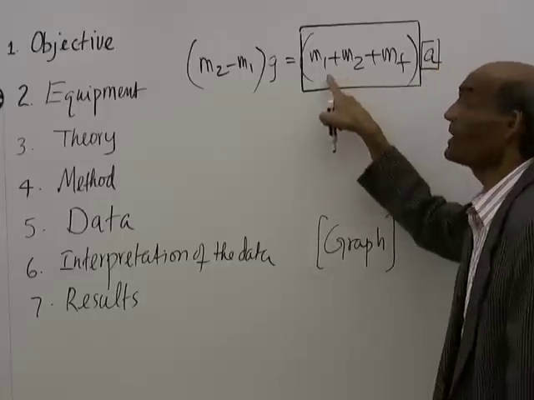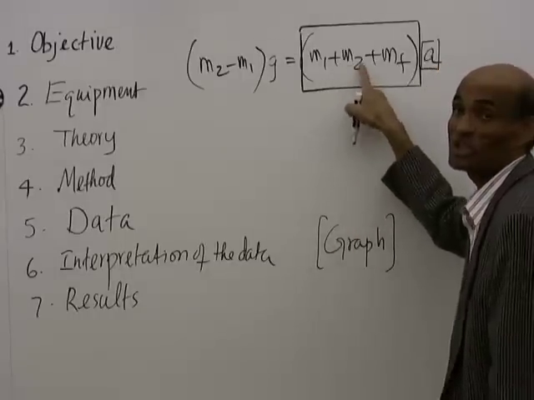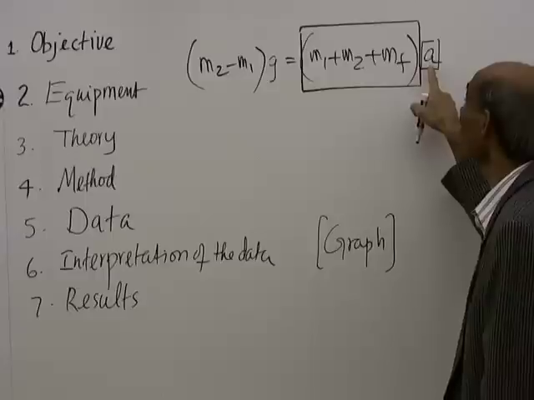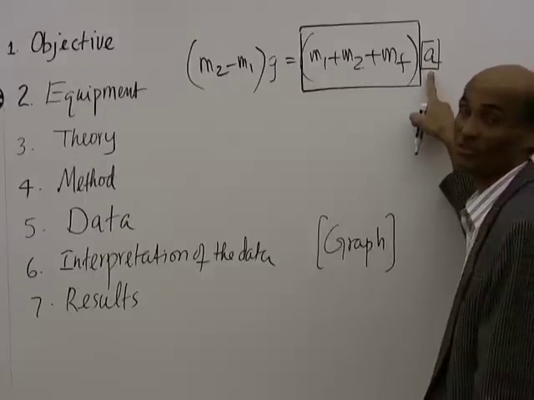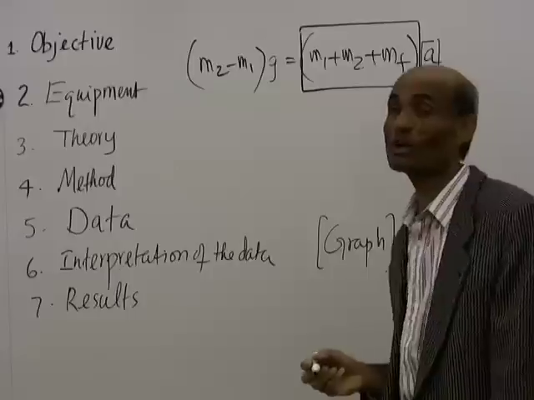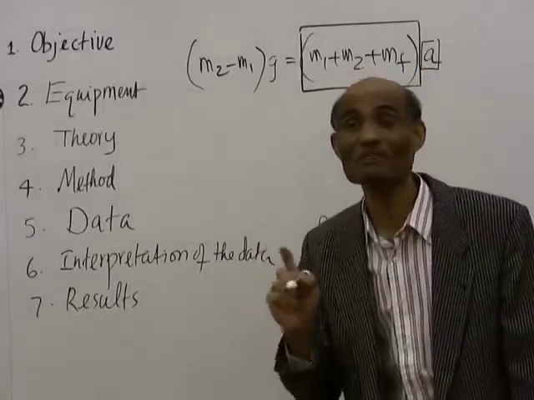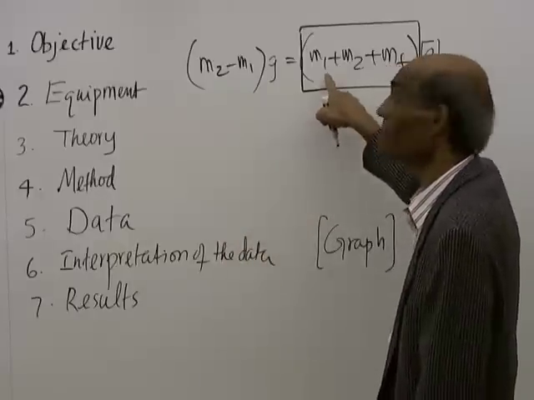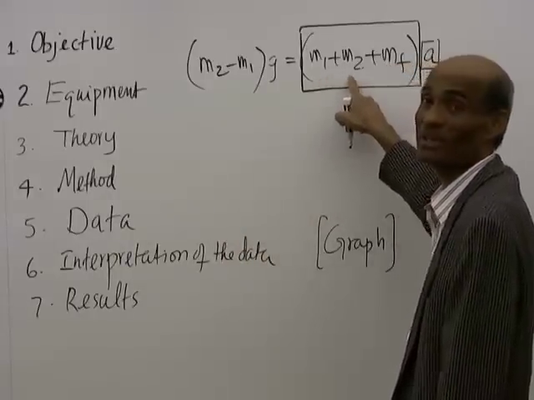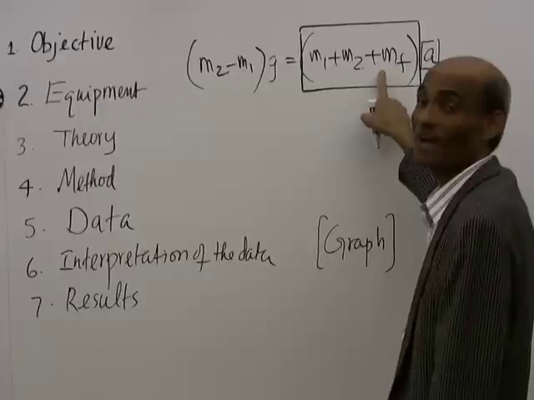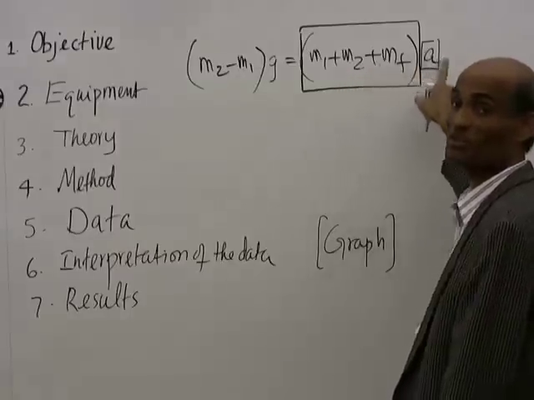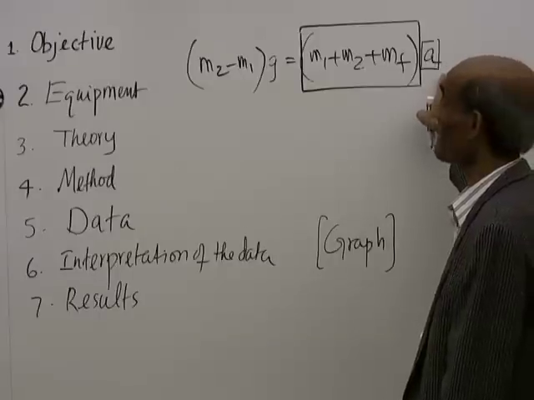Alright? Now, when this quantity changes, correspondingly the acceleration will change. Alright, so what is your independent variable? Your independent variable is m1 plus m2 plus mf. And when this quantity changes, the acceleration changes.